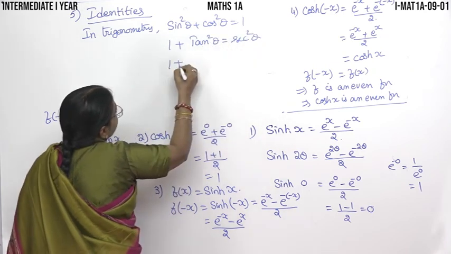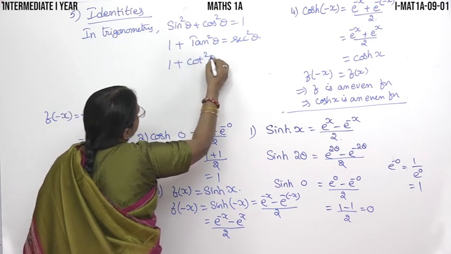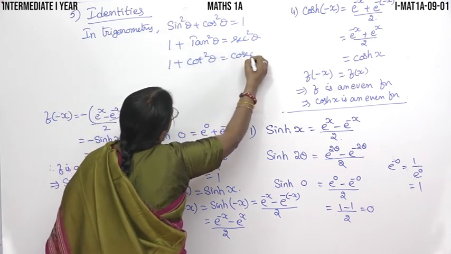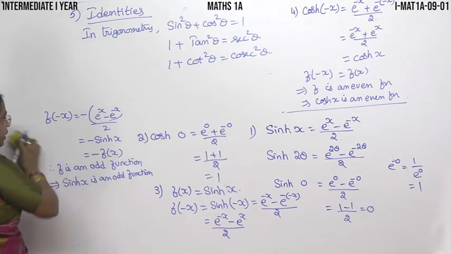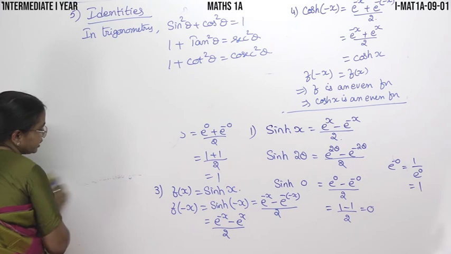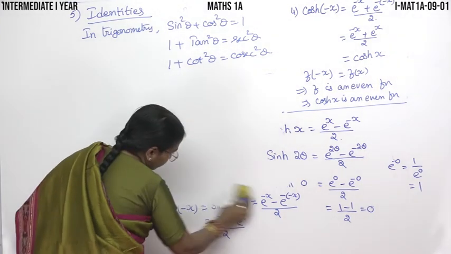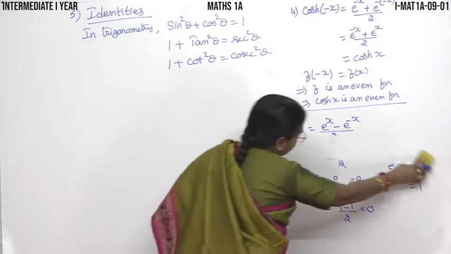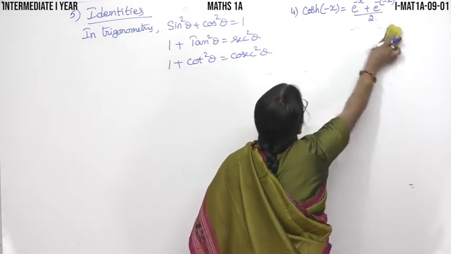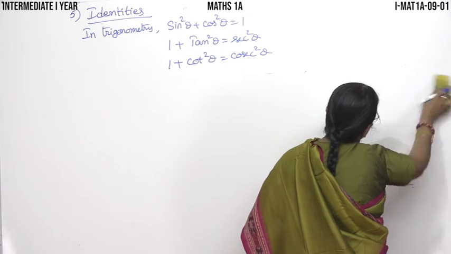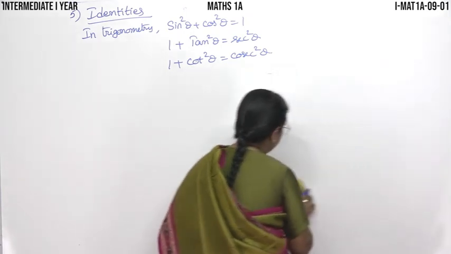And then 1 plus cot square theta is equal to cosecant square theta. In trigonometry, you have these formulas. Now we'll prove similar things in hyperbolic functions also. In hyperbolic functions also, we have similar identities.